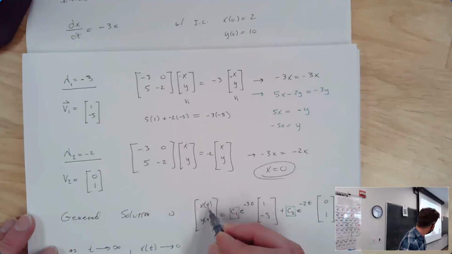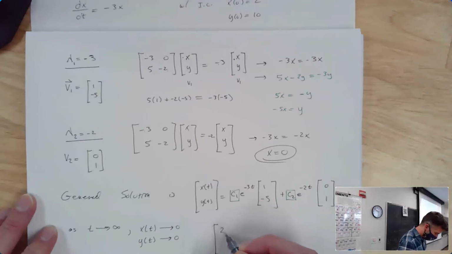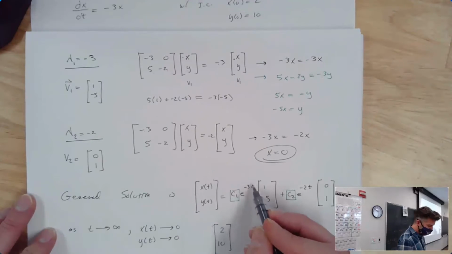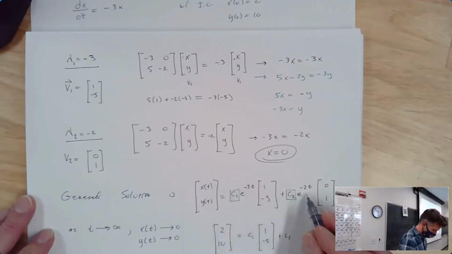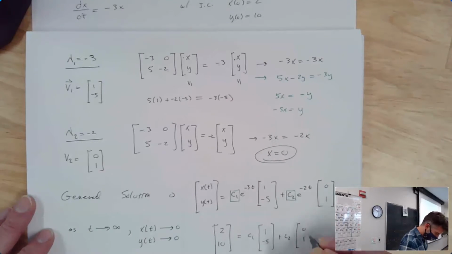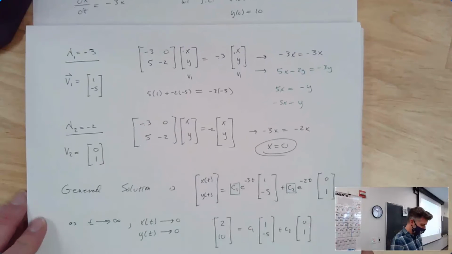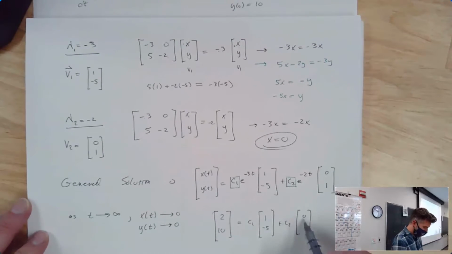So I plug in 2 for x, 10 for y, and 0 for t, which is just going to make this 1. So I'm going to get C1 times 1, negative 5, plus C2 times 0, 1. This one's not too terrible to solve for because having a 0 there makes it so that C1 has to equal 2.